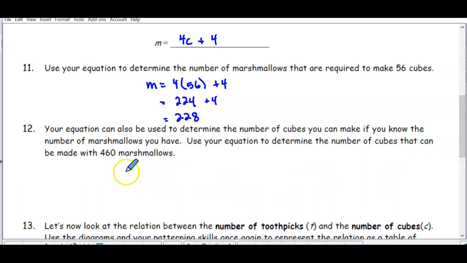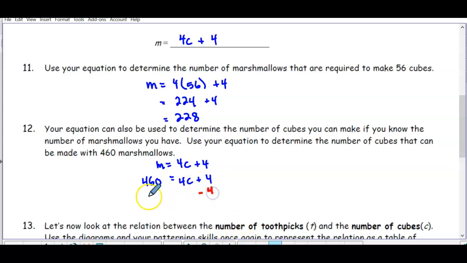So now we know we have 460 marshmallows. So I'm just going to copy the equation out here. So I'm going to put 460 marshmallows in, and now we need to solve for C. So this is, you've done equations like this.